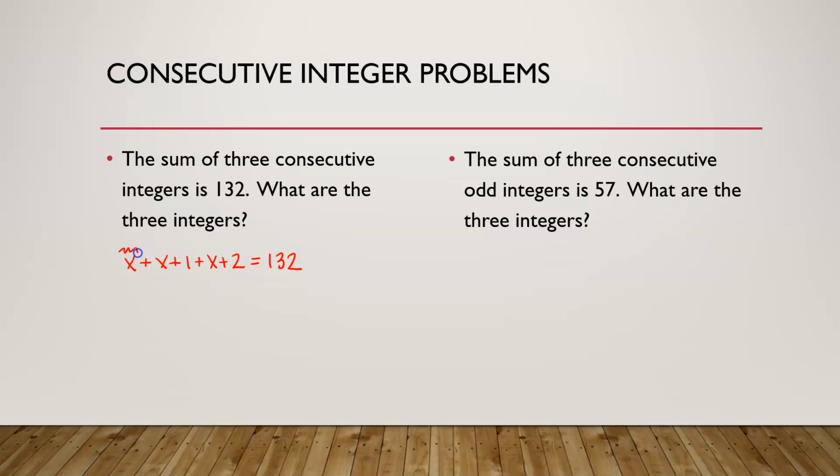So this is the first one. This is the second one. And this is the third one. So now let's solve for x, and x will give you the first integer. So you have 1, 2, 3 x's, so 3x, and your constants together equal 3. That's all equal to 132. We're going to subtract 3 from both sides.